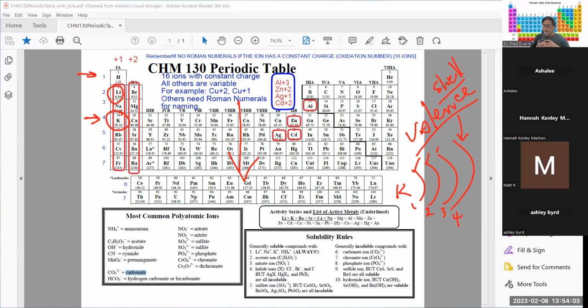Now, let me clear this up a little bit and change to a different color. If we look at the Roman numerals on top of your periodic table, Roman numeral 1A, this would be 2A, then 3A, 4A, 5A, 6A, 7A, and 8A, keeping in mind that magical number 8.